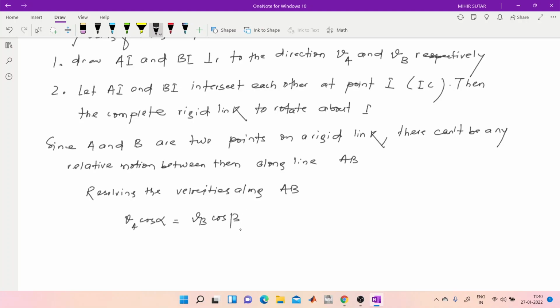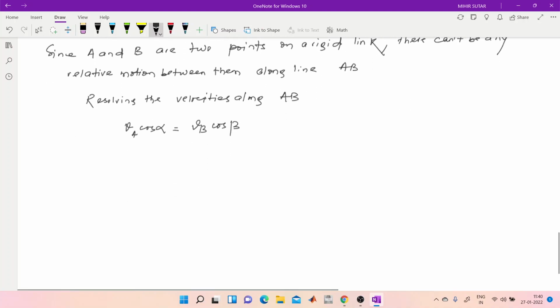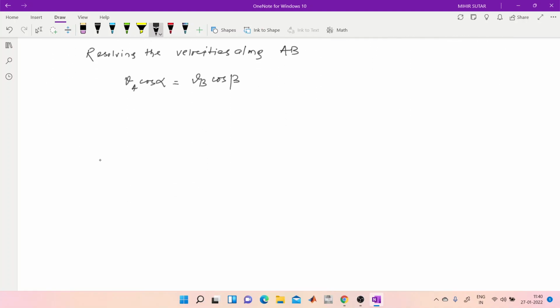This I have already shown to you. Or we can say that VA by VB is equal to cos beta by cos alpha, which is equal to sin(90 minus beta) divided by sin(90 minus alpha). Let's say this is equation 1.